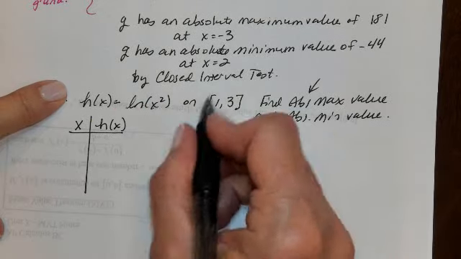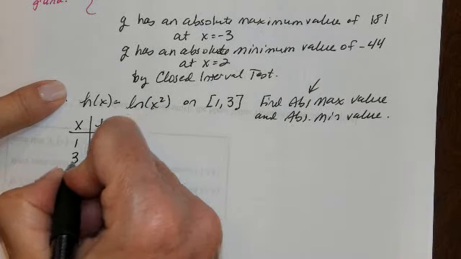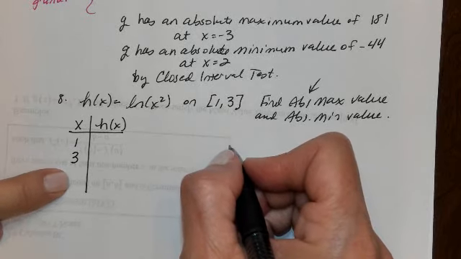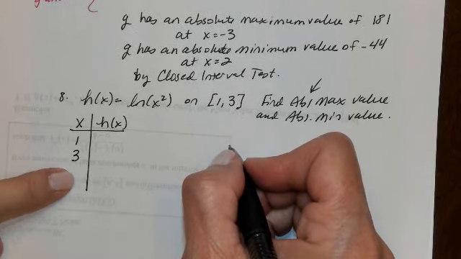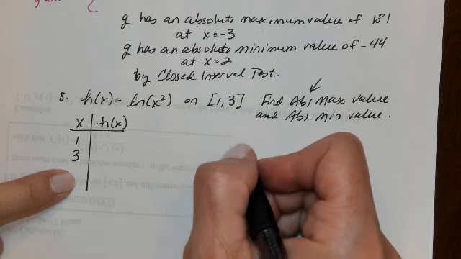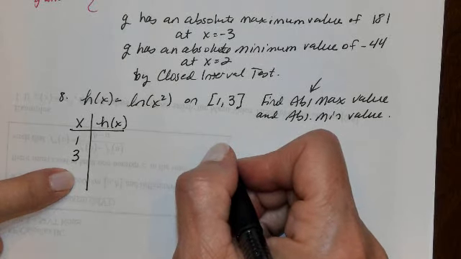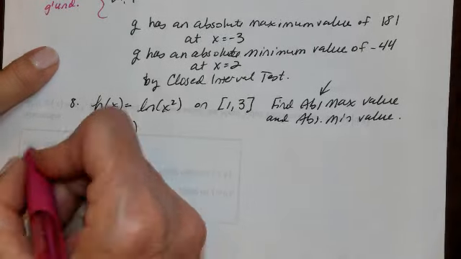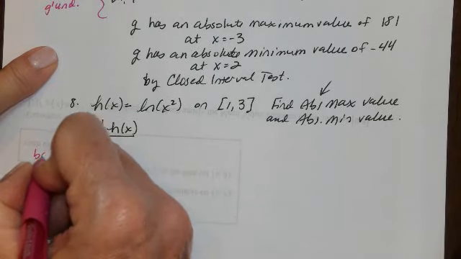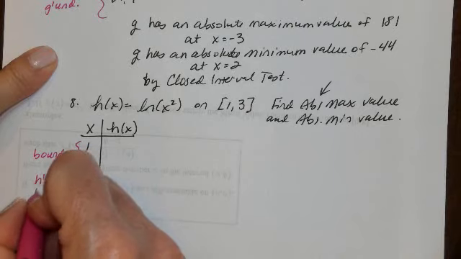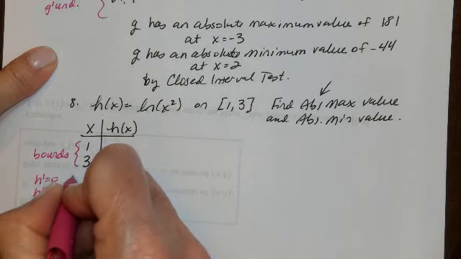Start with your boundaries, 1 and 3. So put your boundaries there. And then leave room, because you have to put anything that makes h prime 0 or undefined. So remember, boundaries, and then derivative 0 or derivative undefined.